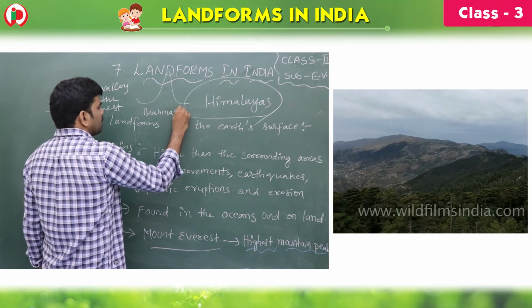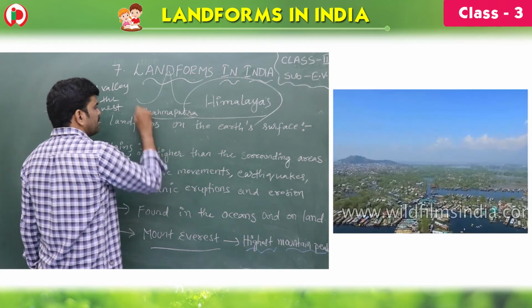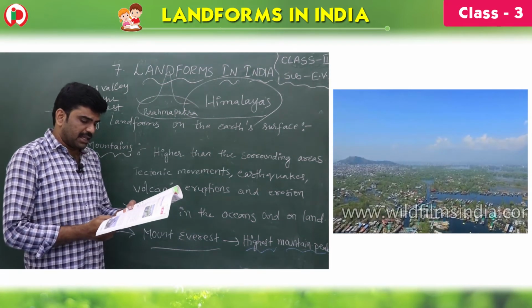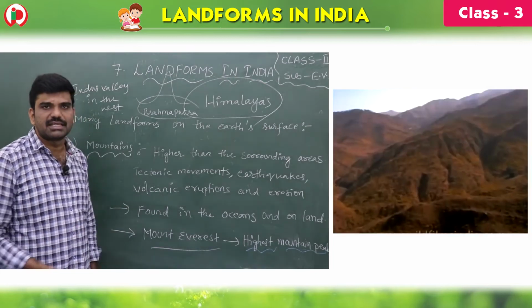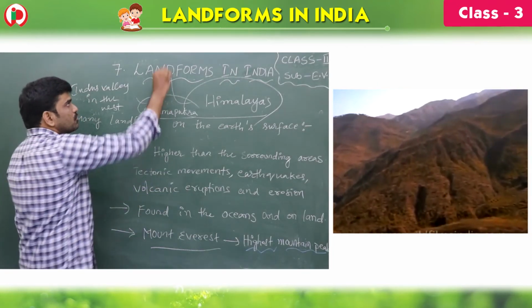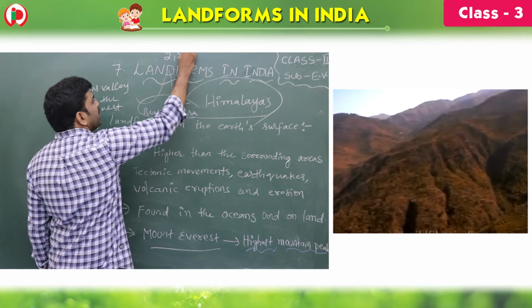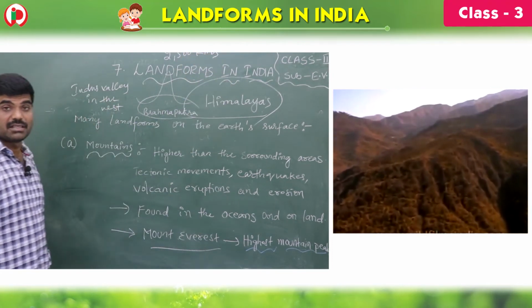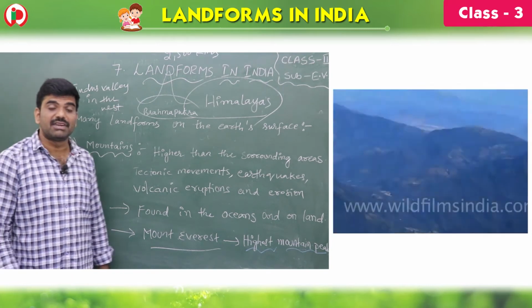Brahmaputra. Here, this is the river Brahmaputra, in the east, stretching over a distance. What is the distance of this Himalayas, children? 2500 kilometers. That much distance it will cover.